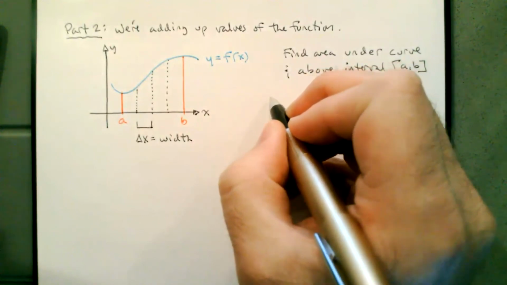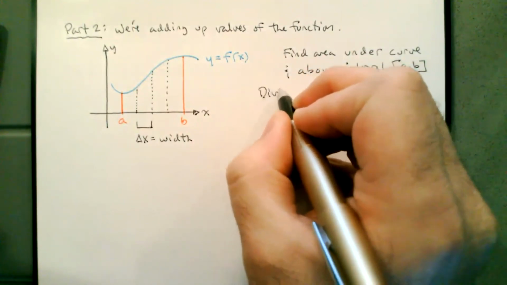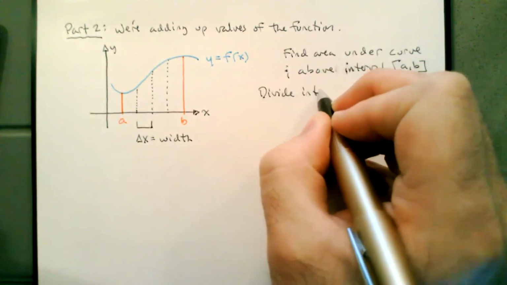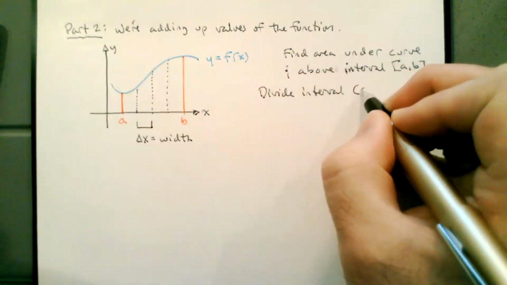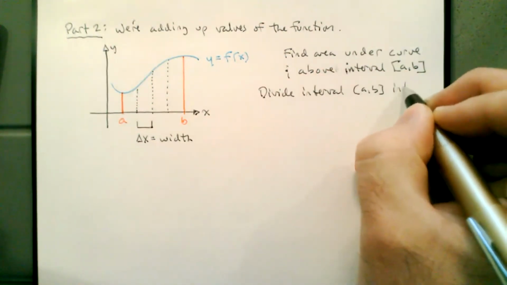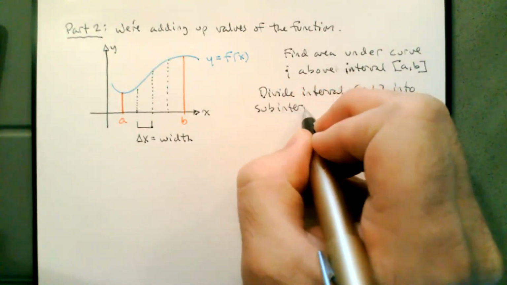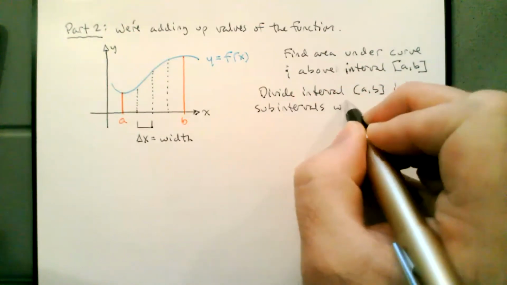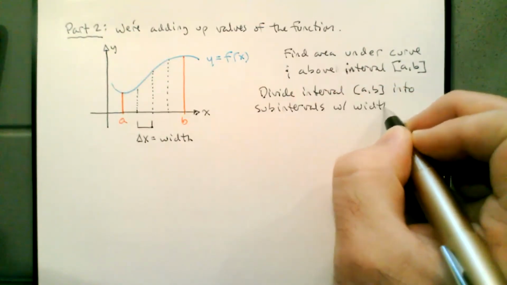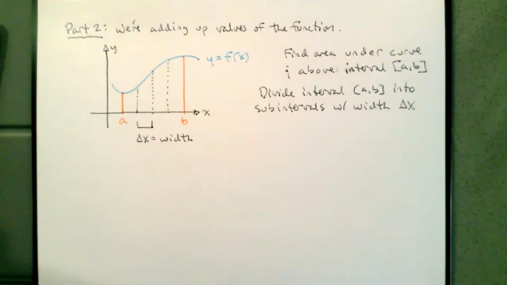So divide the interval from A to B into subintervals with width delta x.